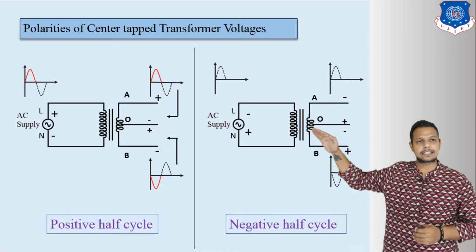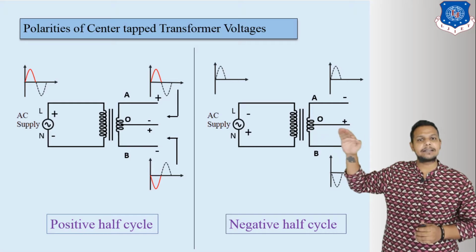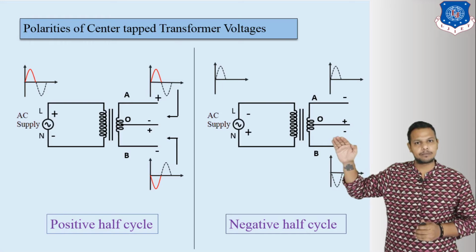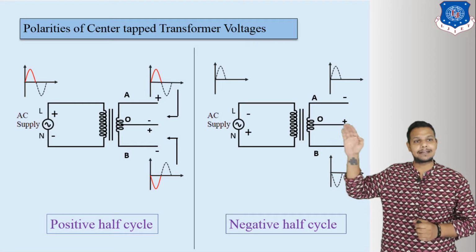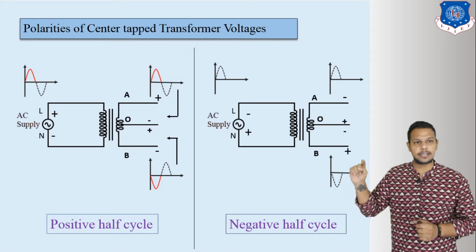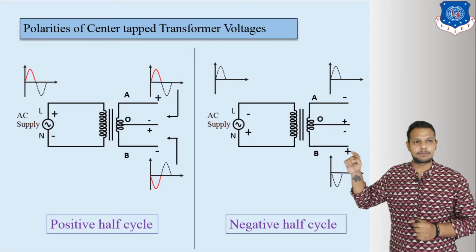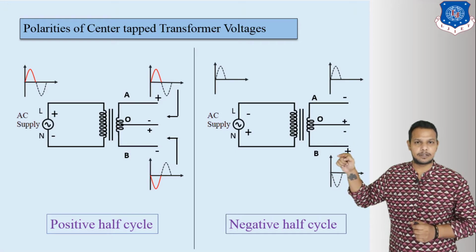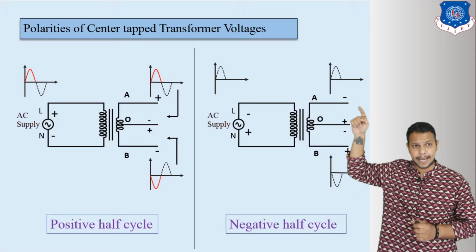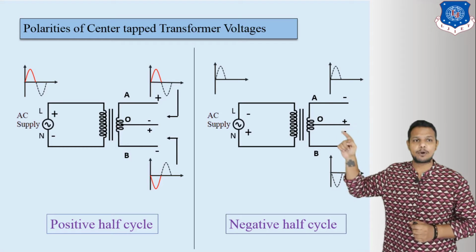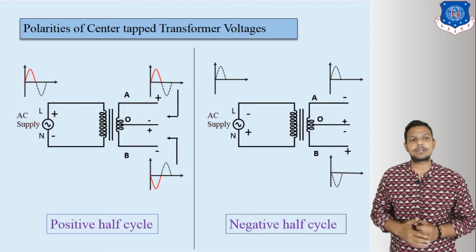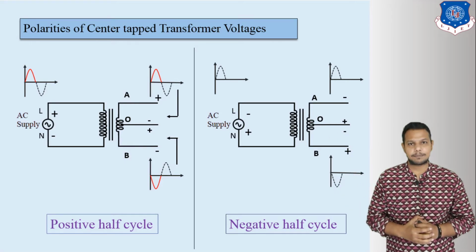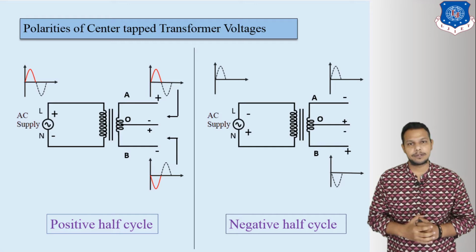This O is the center, so we can say it is a type of ground. Both polarities are available at the ground terminal. If we put positive here, then we have to put negative on the other side with reference to this terminal, and if we put negative here, then positive on the other. So positive and negative are both at the O terminal, which means it is the center tap, or common terminal.